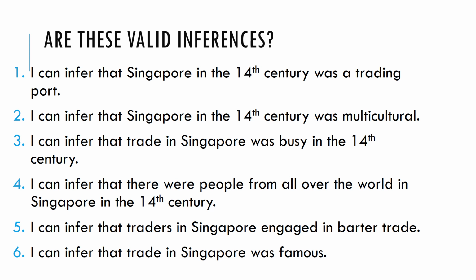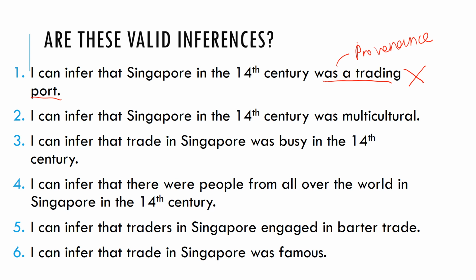First one. I can infer that Singapore in the 14th century was a trading port. Think about it. Was this mentioned anywhere in the source? Yes. It was clearly told to you in the provenance. So no, you're not inferring. This is an invalid inference.